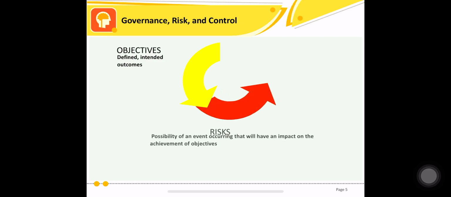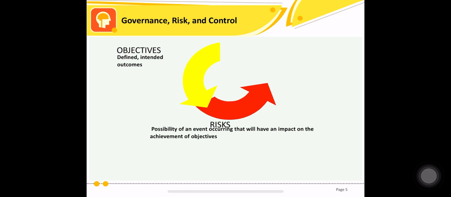The organization establishes its objectives, and it's not assured if they are going to attain or achieve it, because we have what we call the risks, or yung mga threats. This can be positive or negative, okay? And that is why you, as part of the management, or even the owner or the board, will make sure that these risks are mitigated.